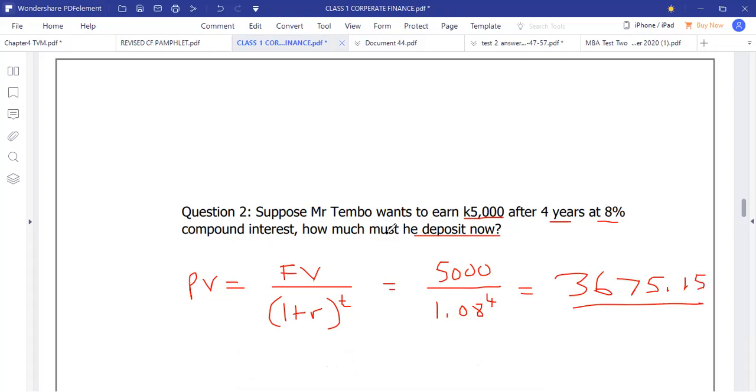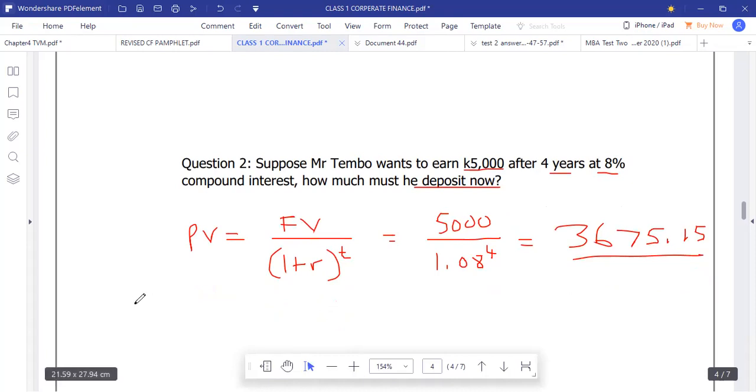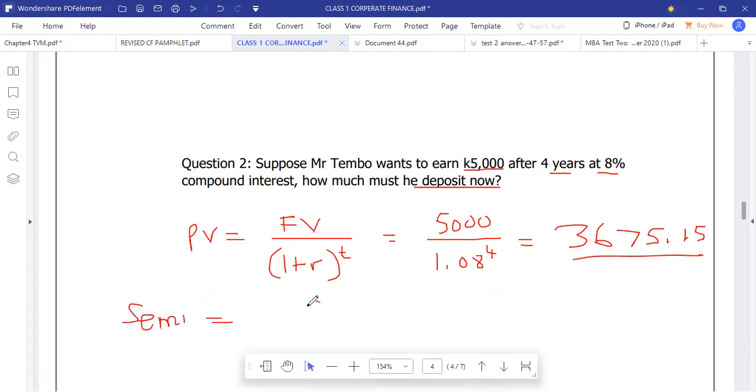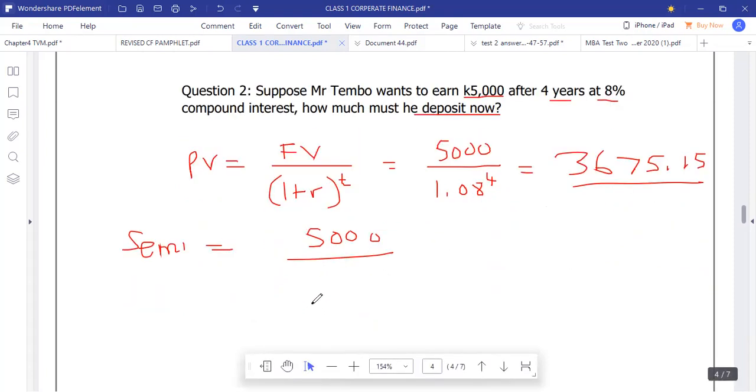If it was compounded semi-annually, what would have happened? We would have written 5,000 here. Here we would have had 1 plus 8%, so 0.08 divided by 2.